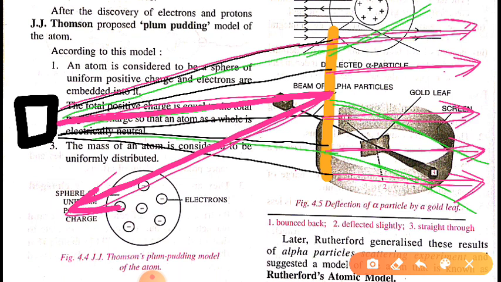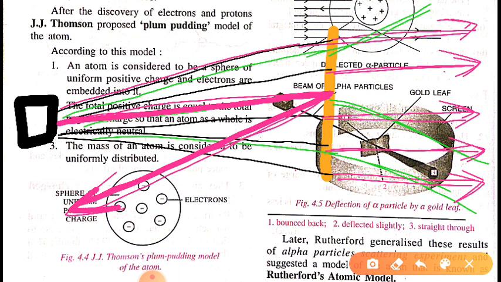Now again, when we talk about the size of the nucleus, the size of the nucleus is very small as compared to that of the atom. How can you prove this? This is proved by the fact that most of the alpha particles pass straight through the gold foil.